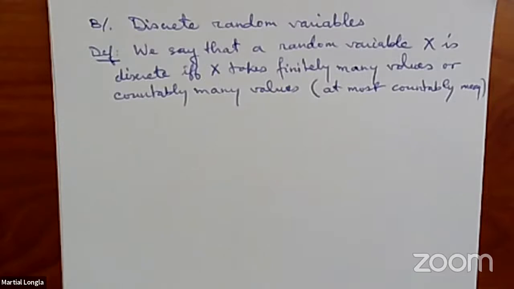So you don't want to have a random variable that takes values in the entire interval from 0 to 1 and you think it is discrete. That's not a discrete random variable.